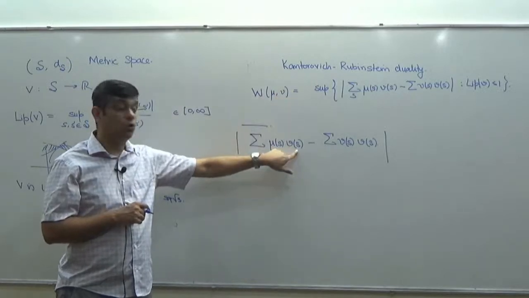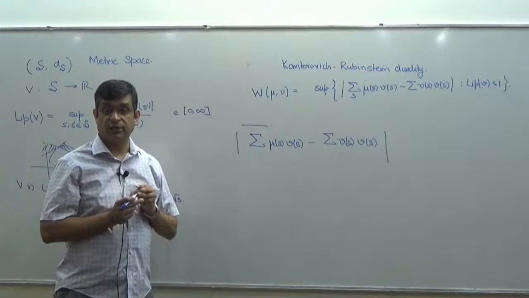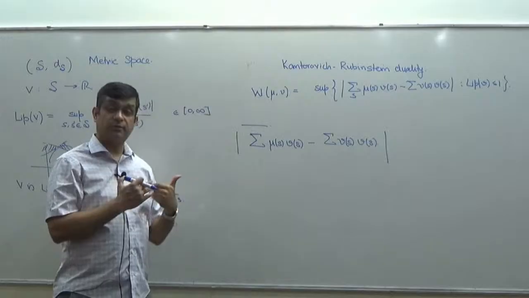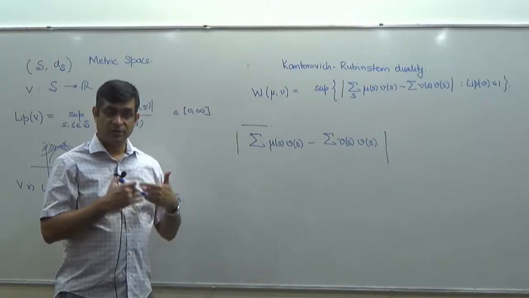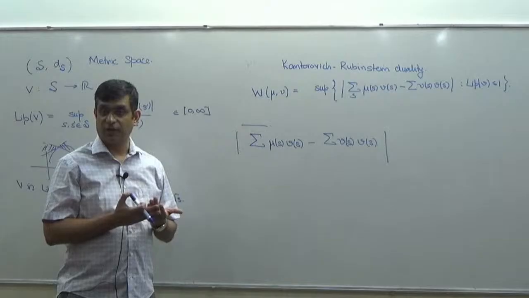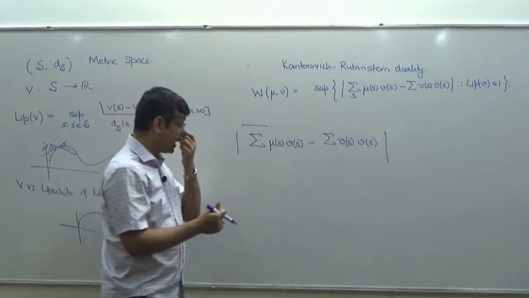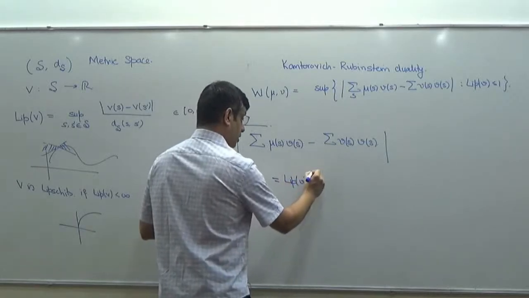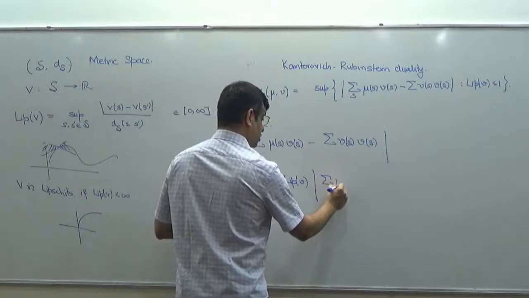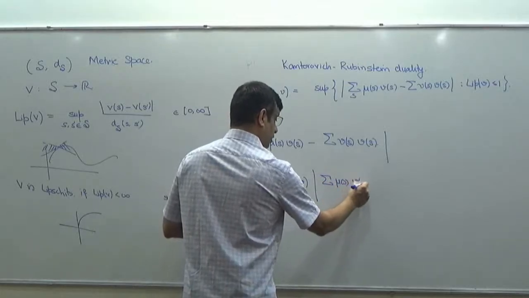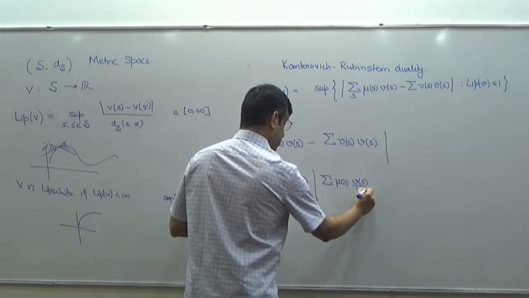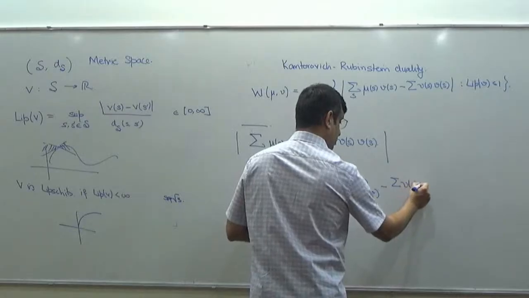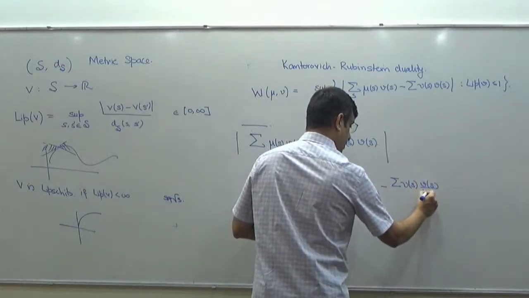So if its Lipschitz constant was less than 1, that's just the definition of sup. What do I do if I have a function whose Lipschitz constant is not less than 1? If I just divide it by its Lipschitz constant, the resulting function will have a Lipschitz constant less than 1. Okay? So I can write this quantity as the Lipschitz constant of the value function multiplied by the summation of mu of s, v of s divided by the Lipschitz constant of v minus the summation of nu of s, v of s divided by the Lipschitz constant of v.